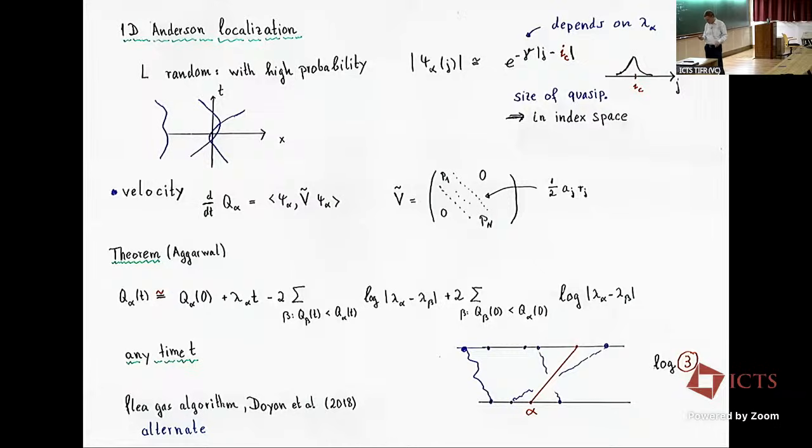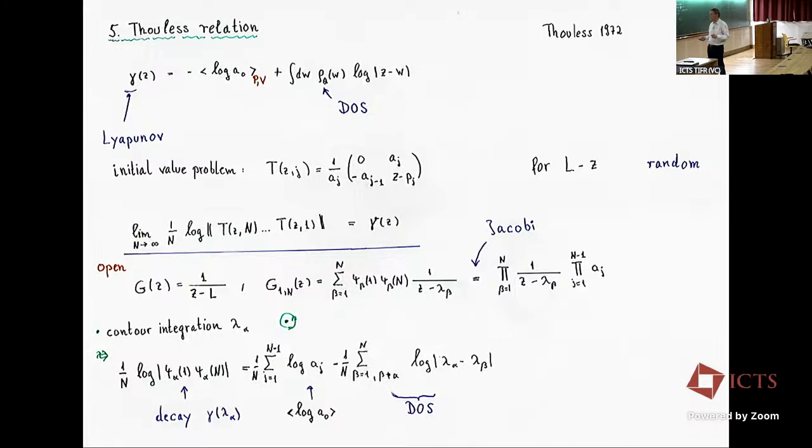How the logarithm appears, it's just one slide which I still want to show, is through a famous result which goes under the name of the Thouless relation. Thouless is a very famous condensed matter physicist, and at that time, Anderson localization was a hot topic, and he argued that there should be a very simple relation.